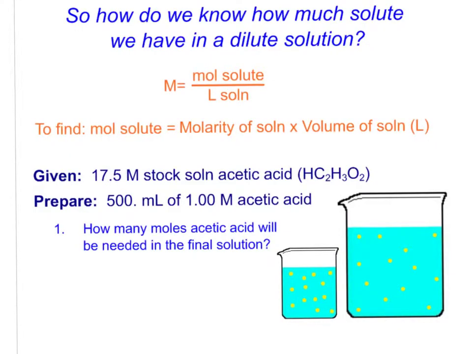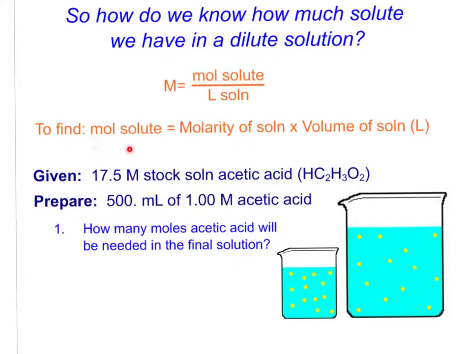So how do we know how much solute we have in a dilute solution? So we have a solution of something. Remember how we calculate molarity. Molarity equals moles of solute divided by liters of solution. We can rearrange this equation any way we want.